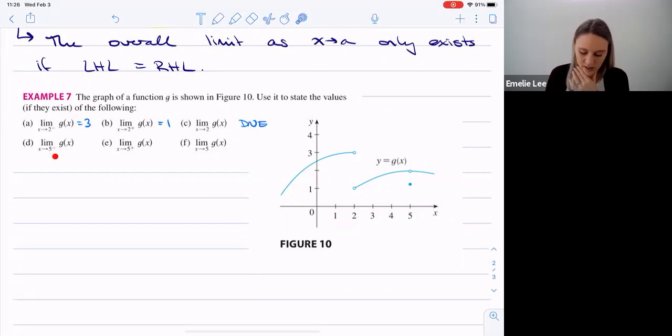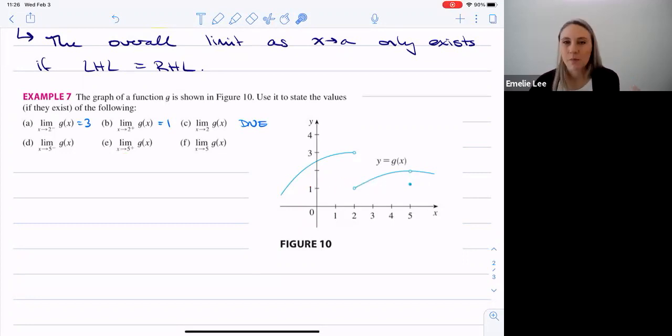The next part is looking at the limit at 5, so the limit as x goes to 5. Here's an interesting situation that we're going to be dealing with more later on. g of x is defined at 5. It's here at, I don't know, a little bit over 1 probably.